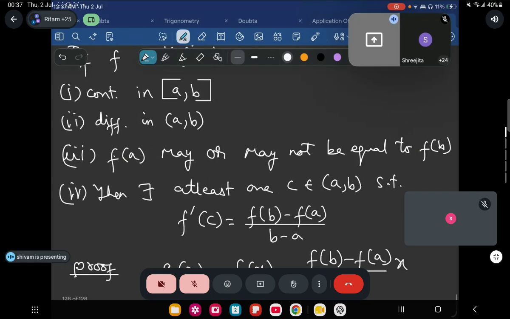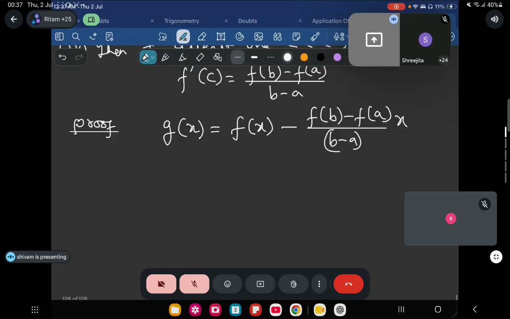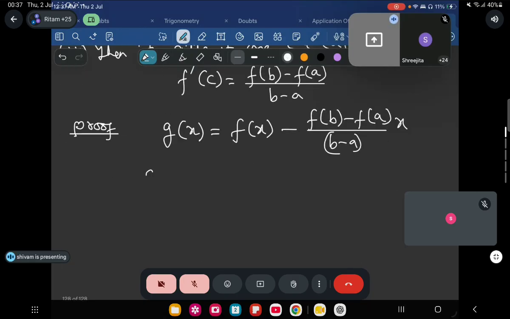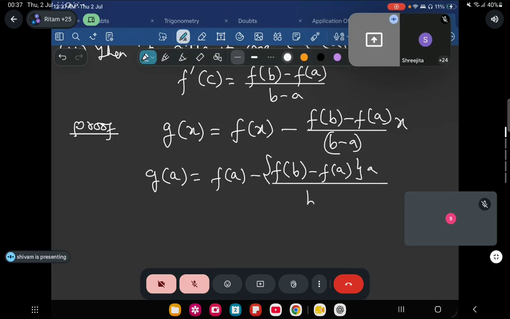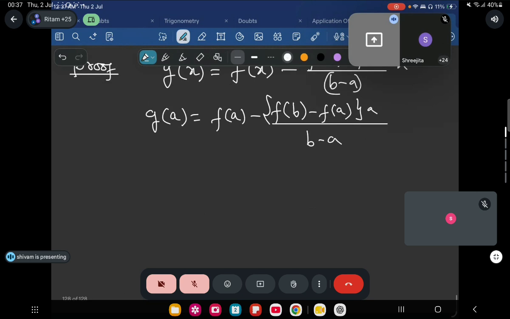Now let us see whether we can apply Rolle's theorem over here or not. What is g of a? G of a is equal to f of a minus f of b minus f of a into a upon b minus a. Let us take LCM, everyone.